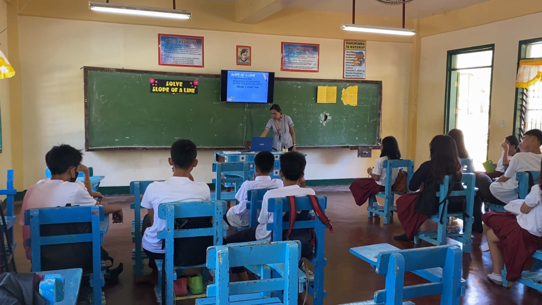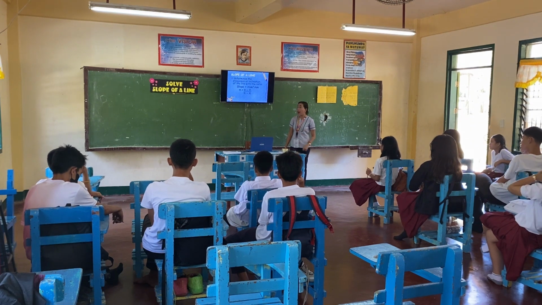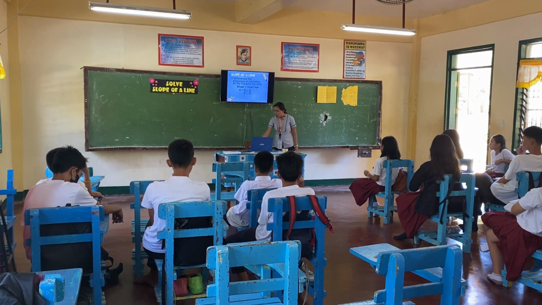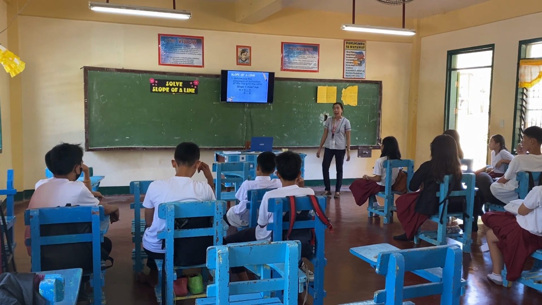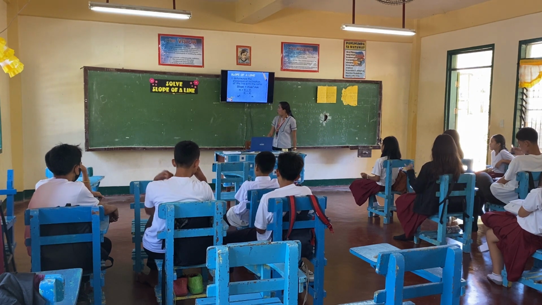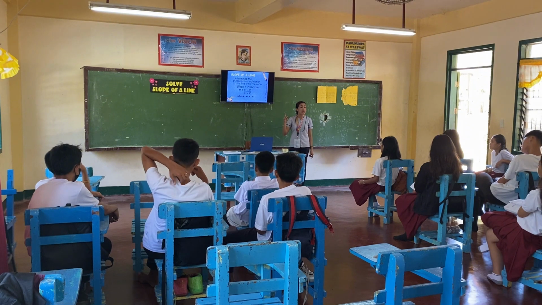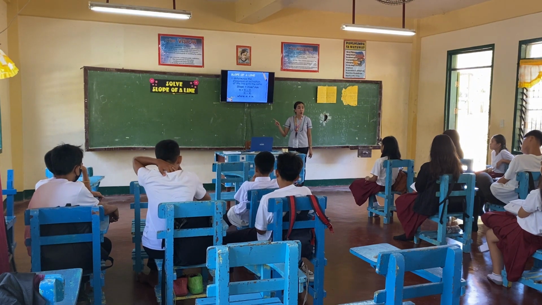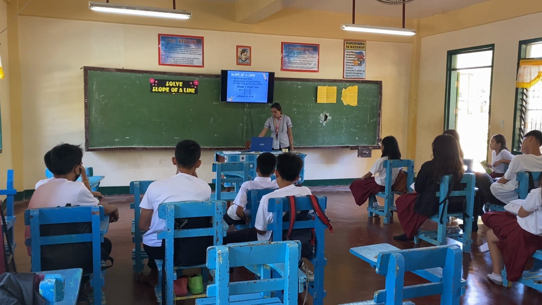We have the formula: slope, M stands for slope. M equals y sub 2 minus y sub 1 over x sub 2 minus x sub 1. Then x sub 2 minus x sub 1 should not be equal to zero, because if they are equal, the answer is undefined.